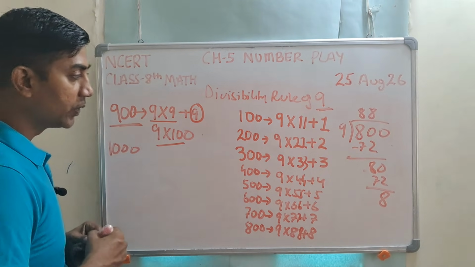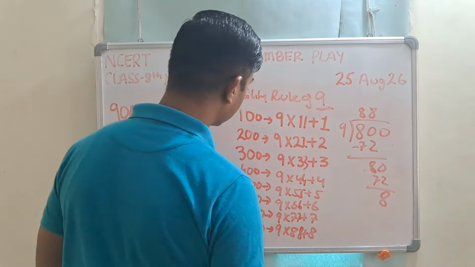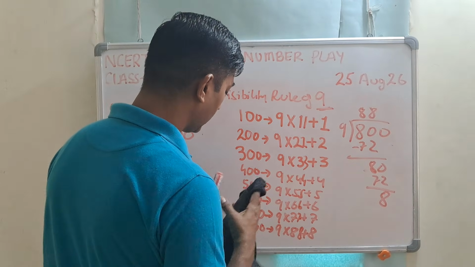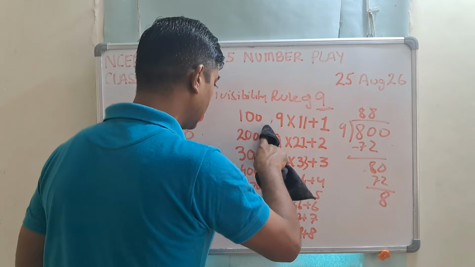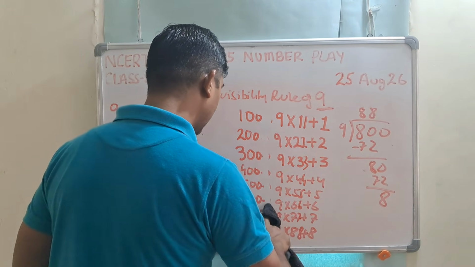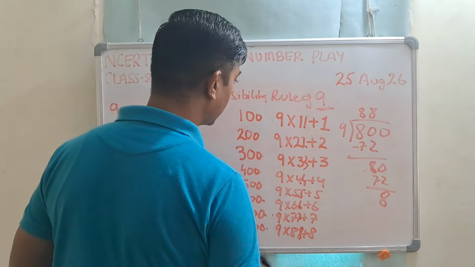Now we will check with 1000. If we check with 1000, what will we see? Now we have very little space, but we will try, and you will get the pattern. Understood?